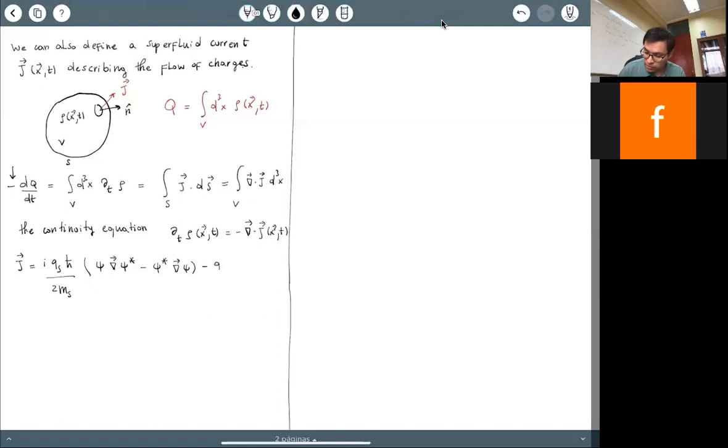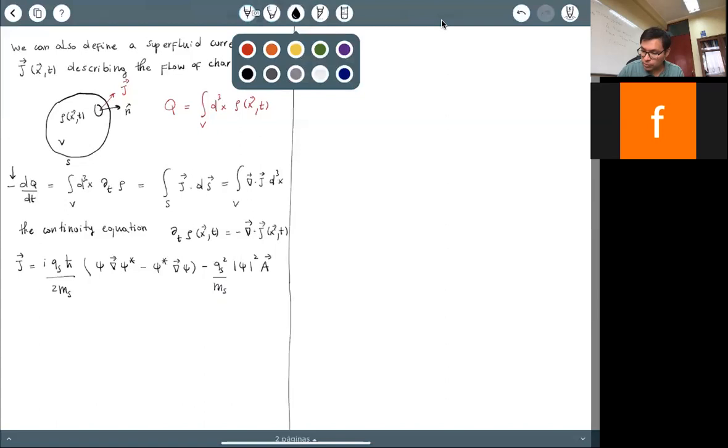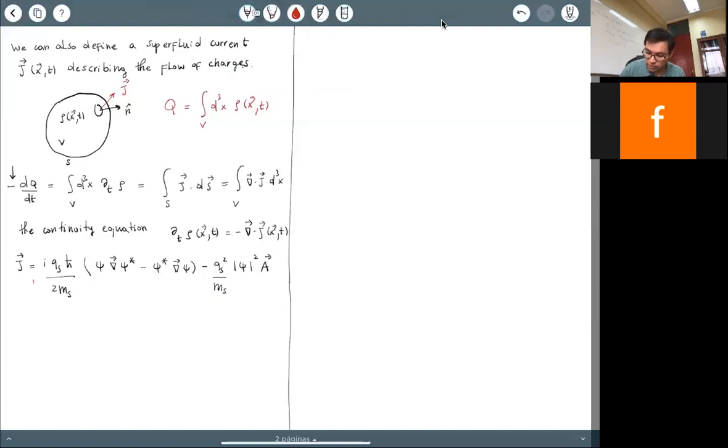minus Q_s squared over m_s, times the modulus squared of the macroscopic wave function, times the vector potential. We will call this the superfluid current.